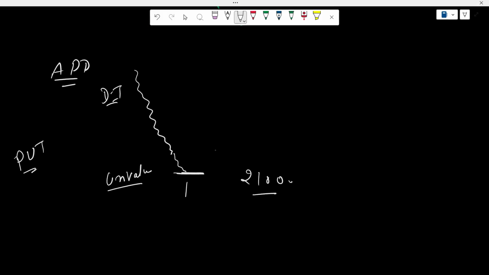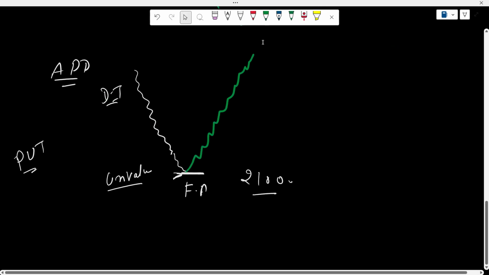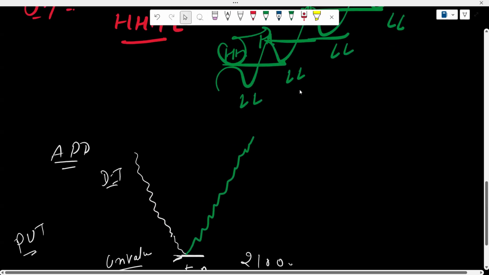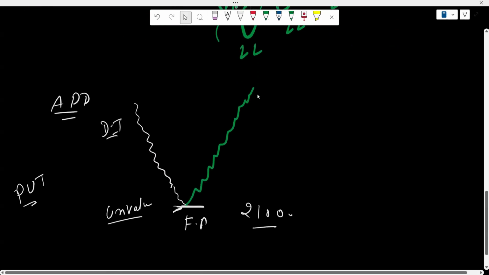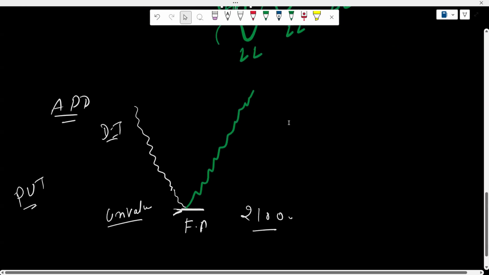At this phase, fundamental analysts will enter and keep accumulating the stock and taking the price up. Let me draw here.